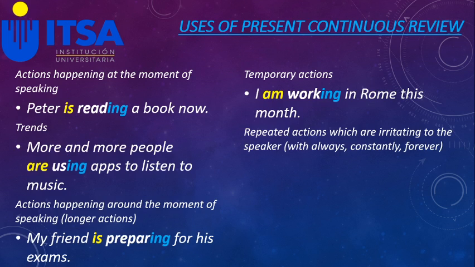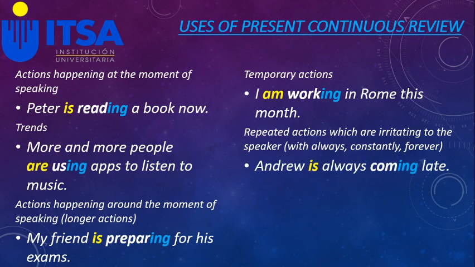We also use present continuous to talk about repeated actions which are irritating to the speaker. In this case, we tend to use always, constantly, forever, and obviously a different tone, a different way to speak. Look at the example. Andrew is always coming late.